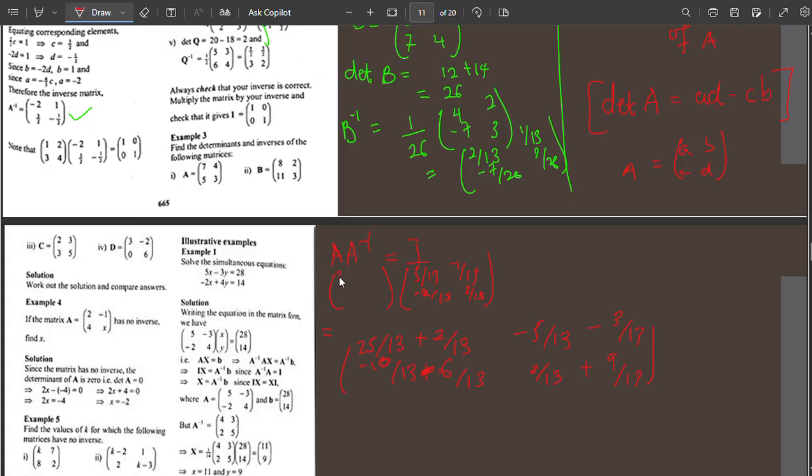A is 3125. So multiplying these, we get a different set of values.